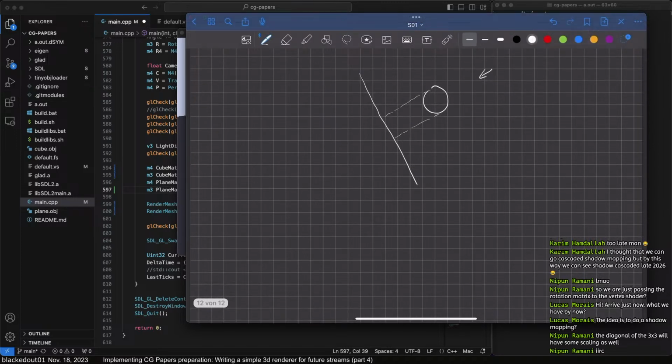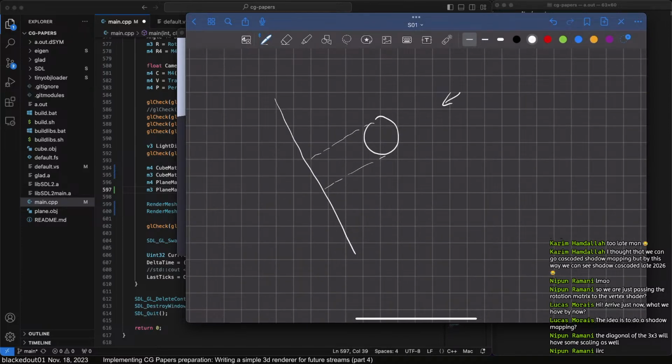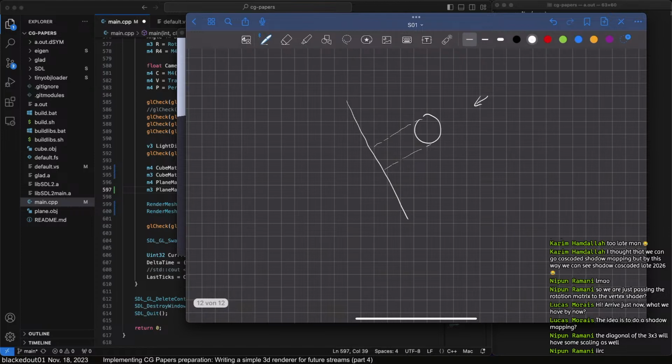we render the scene from the light's perspective. So for example, we would want to look at this scene from here and see the scene with shadow.